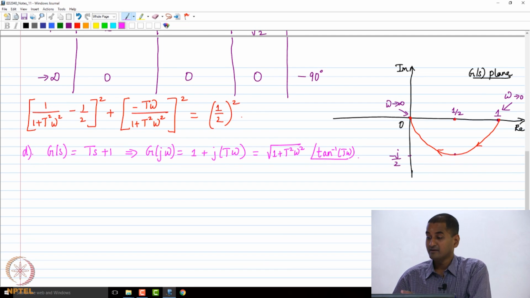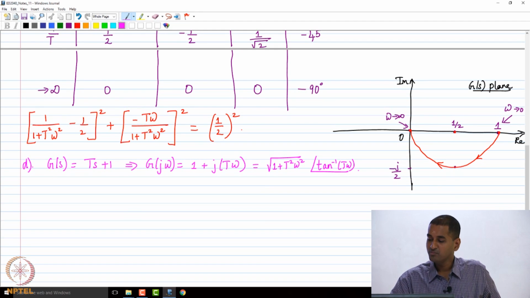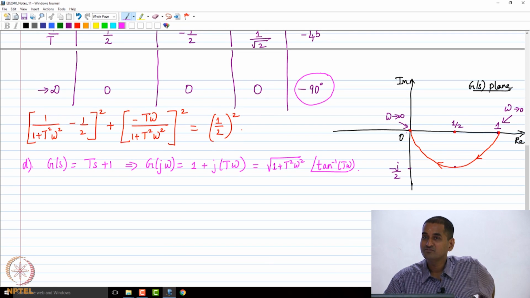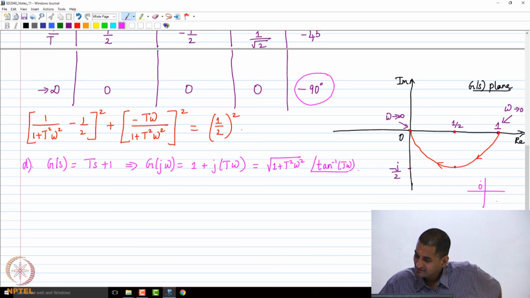By the way, before we go any further, I hope it's clear why this phase was minus 90, right? If you look at how this Nyquist plot approaches the origin, and you zoom in at the origin, it comes in like this.